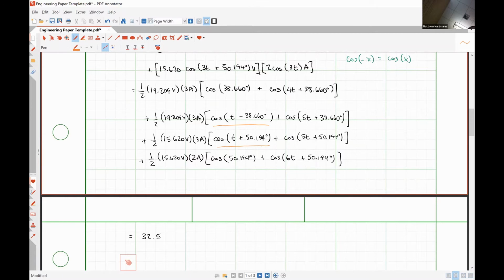And that gives me 37.5 cosine t. I'm actually getting an angle of minus 0.0006, but that's so small I'm not going to bother counting it there.